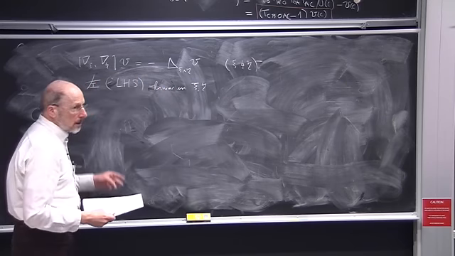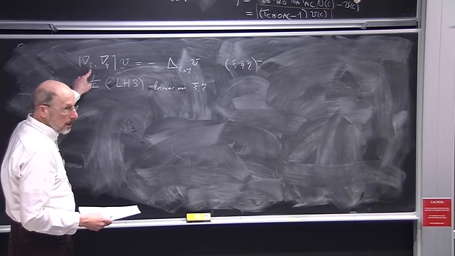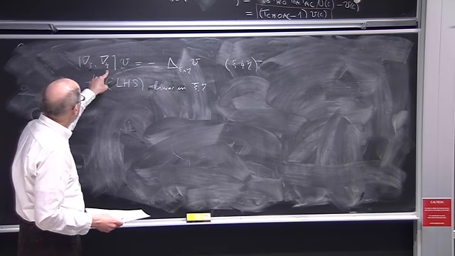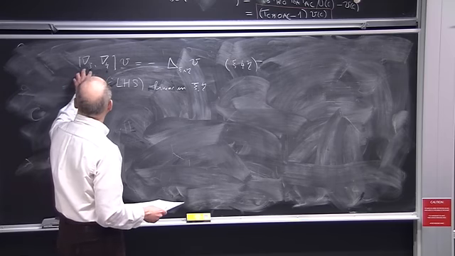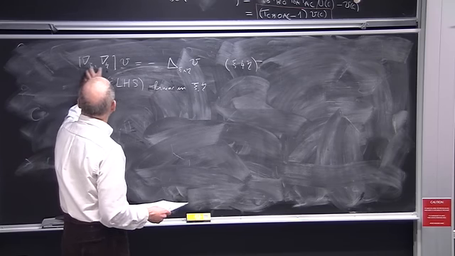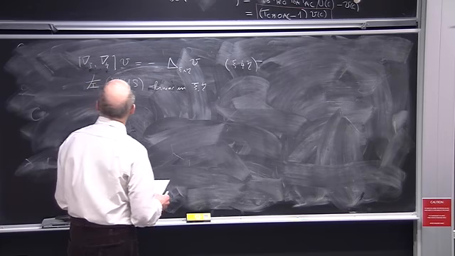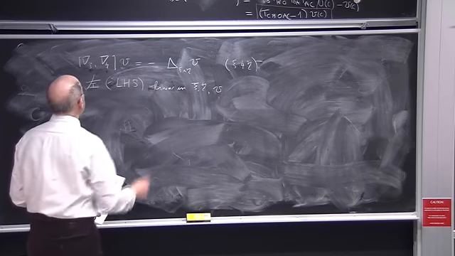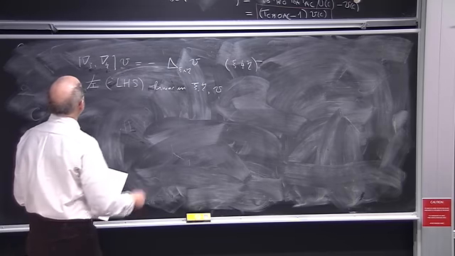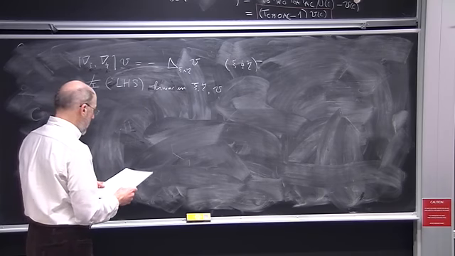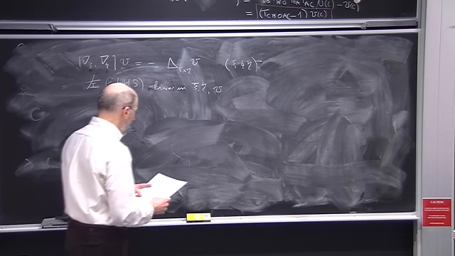If I replace Xi by a multiple of Xi, say twice Xi and 3 times eta or whatever, or if I add Xi1 and Xi2, by definition it is trivially linear in both Xi and eta. It's also, of course, linear in V. If I rescale V or take the sum of two different V's, then I'll get the sum. So it's linear in Xi, V, and eta.